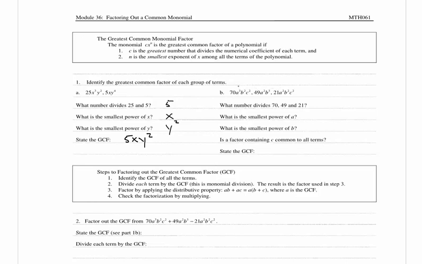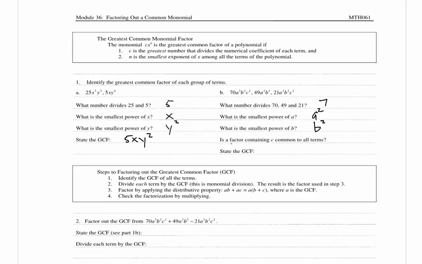And the number that divides into all three of these is 7. And then it wants to know what is the smallest power of a. So we have a cubed, a squared, and a squared. So a squared is our smallest power of a. And then what is the smallest power of b? So we have b squared, b cubed, and b squared. So we're going to have b squared as the smallest power.